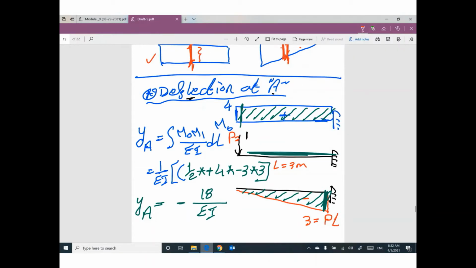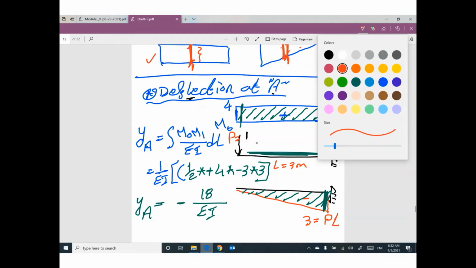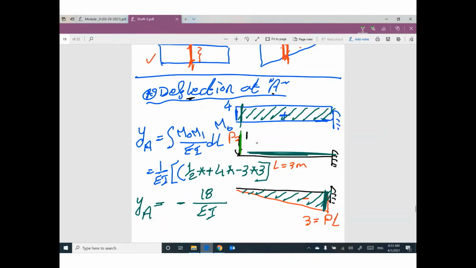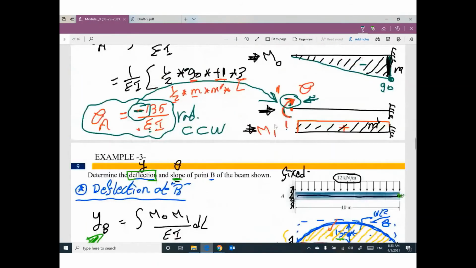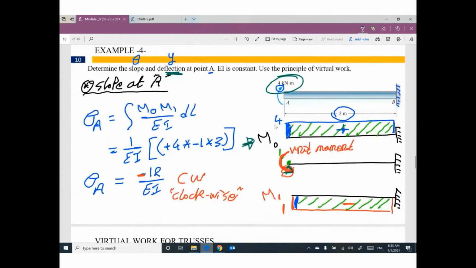Means you assumed wrong direction. I assumed the unit load going down. I'm sorry. This point will move up. And that makes sense, because this moment is trying to rotate this beam up.